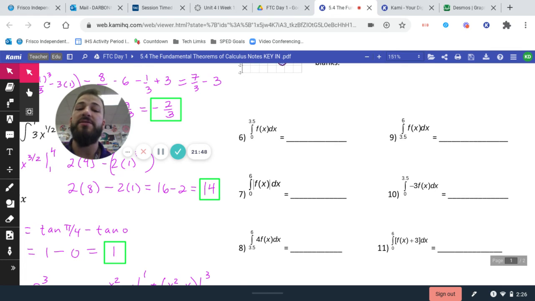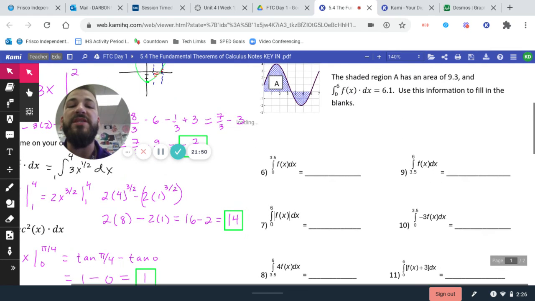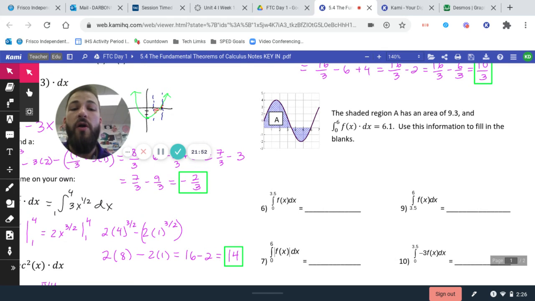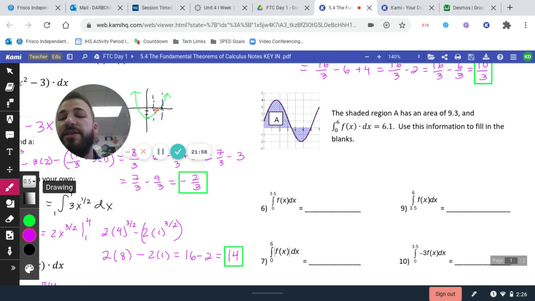But anyways, so number 6, we want to know the integral from 0 to 3.5. Well, 0 to 3.5 is the area of region A, and the area of region A is 9.3. So 6 is just 9.3. Pretty simple. Number 9 is the integral from 3.5 to 6 of f of x. Well, 3.5 to 6 is just this negative area right here.